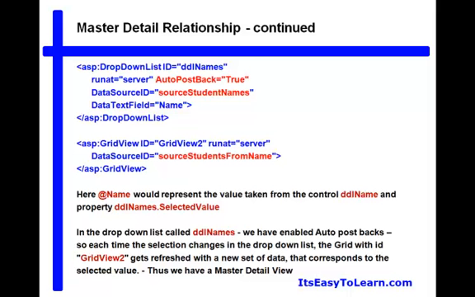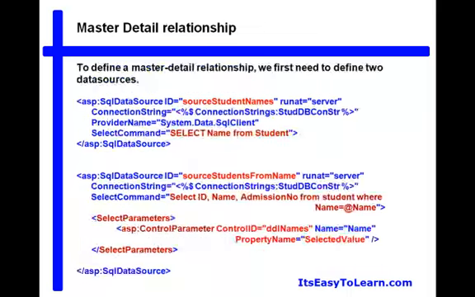This would make sure that when the DDL names is displayed to the user, all the names of the students in the database would be pre-filled, and source students from name would display only those students whose name was selected from the DDL names, because there was a where clause which says select ID, name, admission number from student where name equal to @name, and the control parameter name came from the control called DDL names.